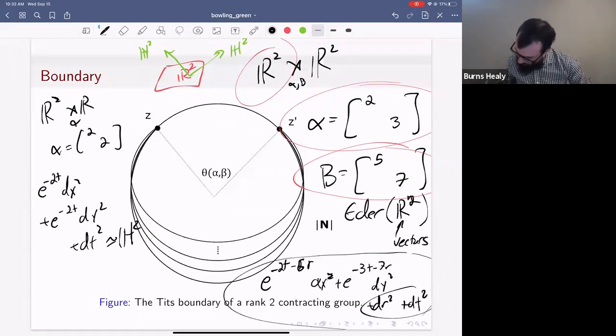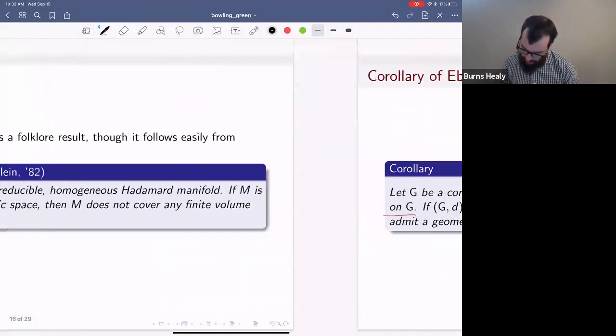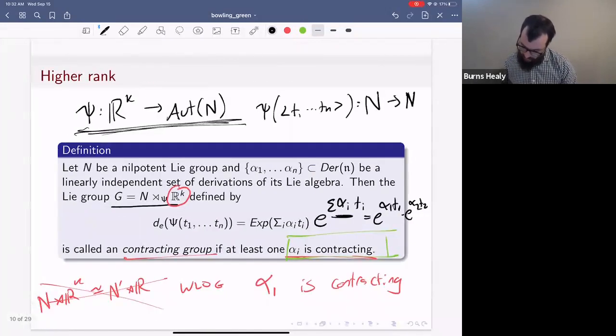So yeah, this is the group. The R to the fourth with this Riemannian metric is the group that I have in mind for this slide. And yes, you're right, SL3R mod SO3R is a symmetric space. A priori, when you define contracting group, nothing here is ruling out symmetric spaces, and you do in fact get symmetric spaces.